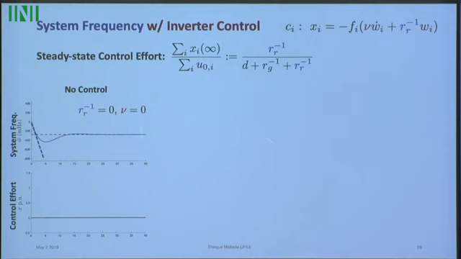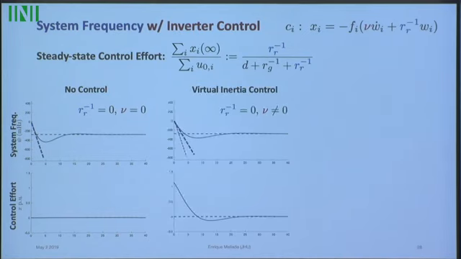I also want to show a simple case of the steady state effort, which is the amount of effort that the inverters need to put in to implement these controllers. This is a system without control, so the virtual inertia coefficient and the droop are 0. There's no control, and there's some given response.